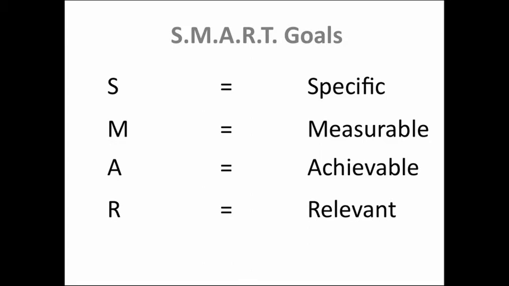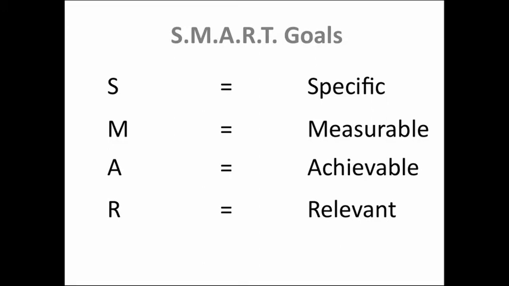So big goals are made up of little goals, which means that if your goal, for example, is to become an actor, if your goal is to go get another job as a hairdresser or to work in a bank or whatever it is that you want to do, make sure that that goal is relevant to your bigger goal in life, which has to do maybe with the way that you want to live your life, the quality of life that you want to have, the style of life that you want to have.